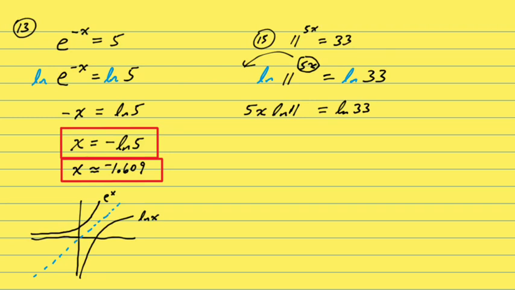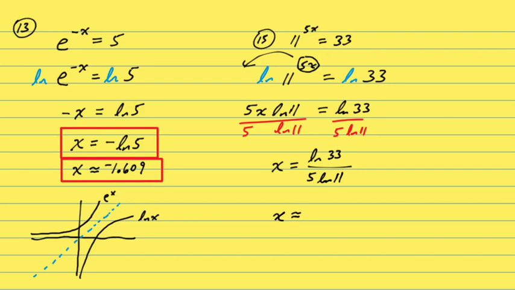The opposite of multiplying by ln 11 is to divide by ln 11. If you want x by itself, maybe you're good where you can do it all at once. 5 ln 11. So I might divide by 5 ln 11. So my answer would be x equals ln of 33 divided by 5 ln 11.